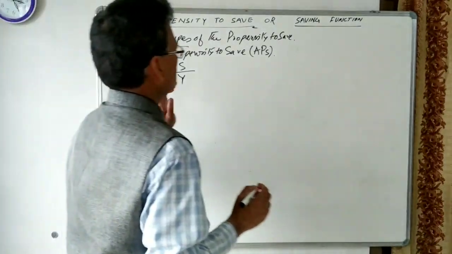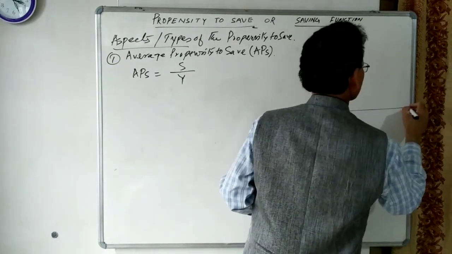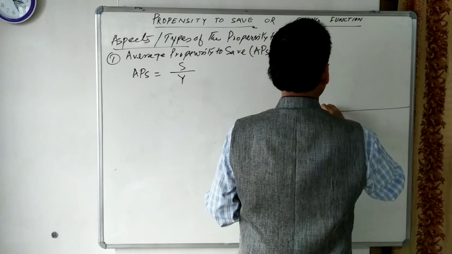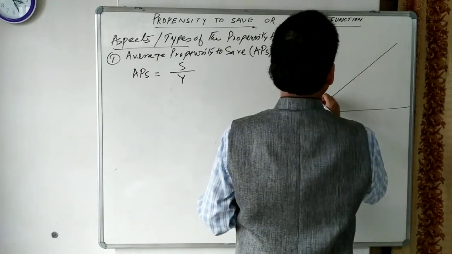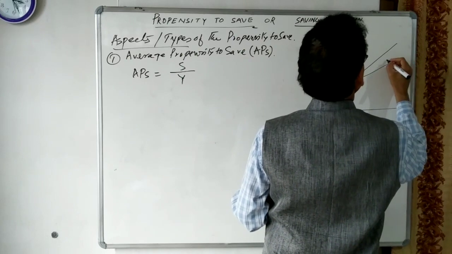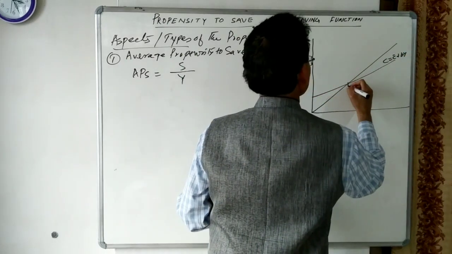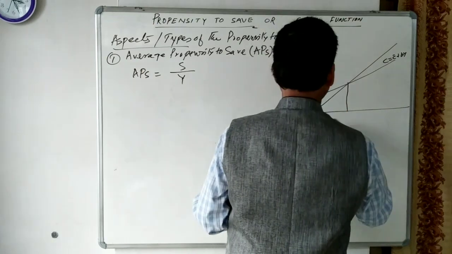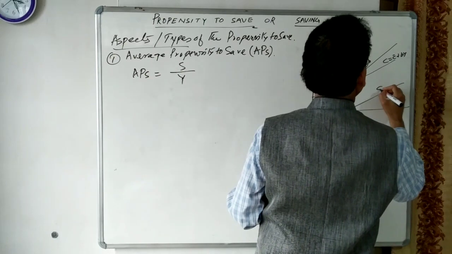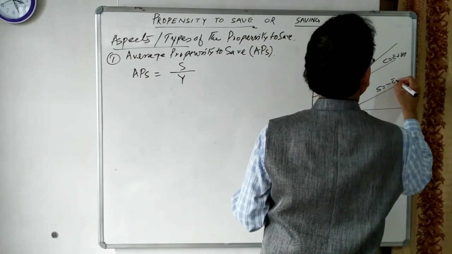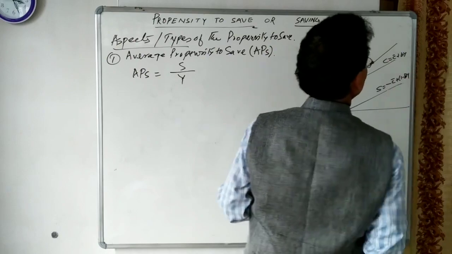So let us see how we can define this. This is the consumption line, C intercept plus bY. This is the saving line, minus C intercept plus (1 minus b) Y, which we have seen.